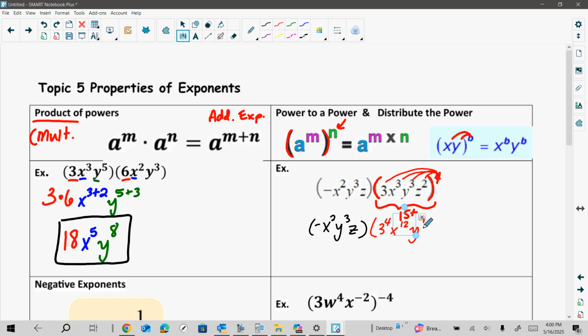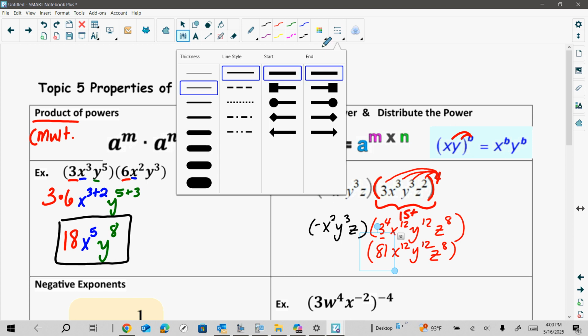And y to the 12th, and z to the 8th. Okay? And so I'm just going to simplify that 3 to the 4th power. Okay? That's going to be 81. x to the 12th, y to the 12th, z to the 8th. Okay.